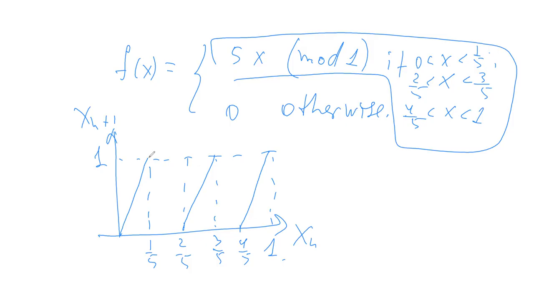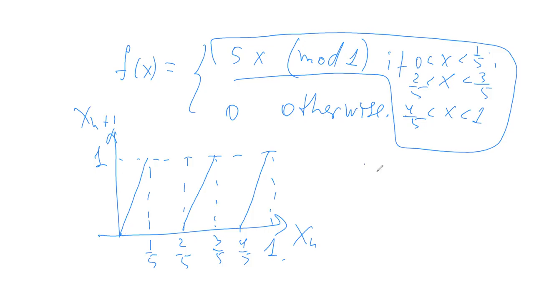If the slope for this is 5, the slope for the double map will be 5 squared. The slope for the triple map will be 5 cubed, and so on. So this way you produce your iterative maps.